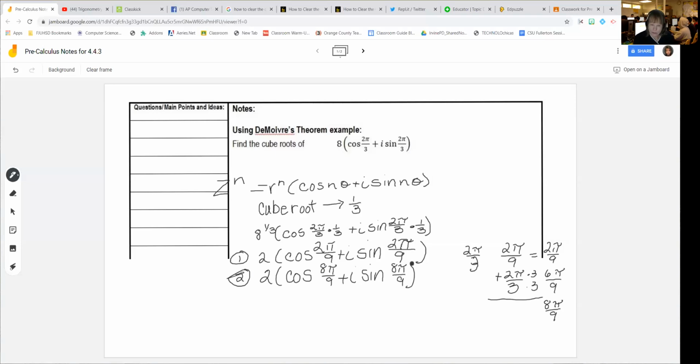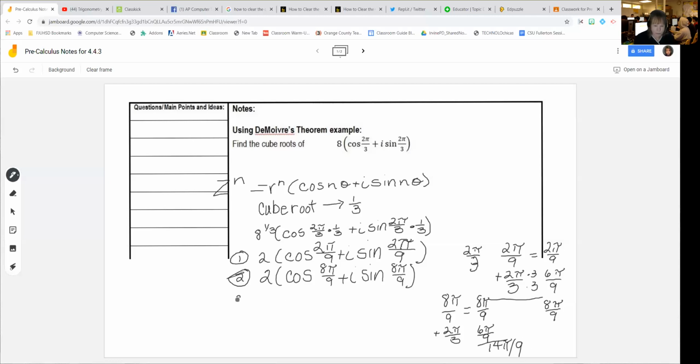Okay, so that's 2, but we know there's 3. So we have to take 8 pi over 9 and add to that, once again, 2 pi over 3. So this stays 8 pi over 9. This becomes 6 pi over 9. Adding together, we get 14 pi over 9.